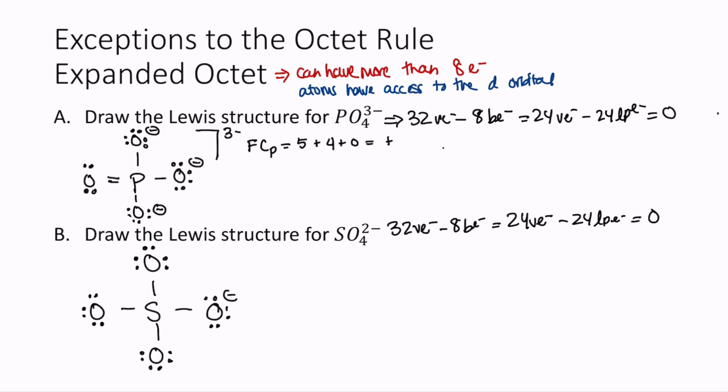If I go through and calculate formal charge on all of my atoms, all of my oxygens are going to have a -1 formal charge. My formal charge of sulfur is going to be 6 minus 4 minus 0, which gives me a formal charge of +2. So I'm going to write the +2 and circle it.